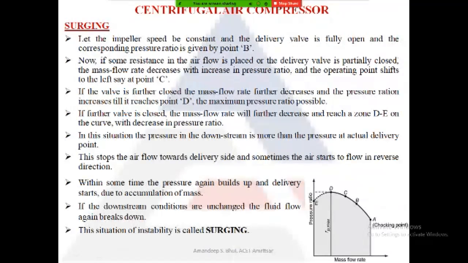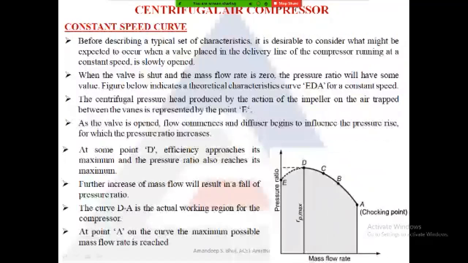In this graph, D is the point where the maximum pressure ratio inside the cycle is reached, and A is the point where the maximum possible mass flow rate is reached. So this means I can operate my centrifugal compressor between D and A. D और A के बीच में I can only run my centrifugal compressor.